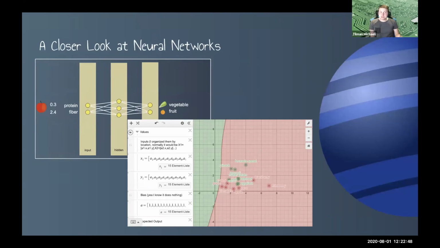In the next stop of the journey, we investigate the concept of a neural network, and how neural networks work, for example, to distinguish between a vegetable and a fruit, and actively experiment with the parameters of such a neural network in Desmos, which is a tool you might know from math education. So there you can once more actively experiment and learn about the process of adjusting parameters for a neural network.